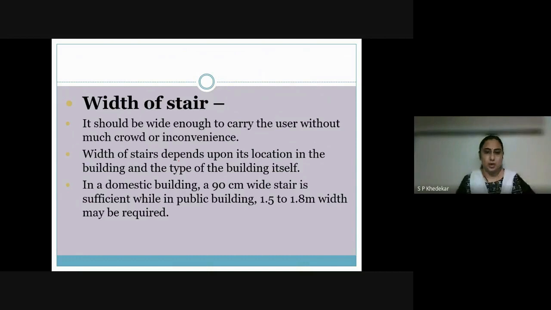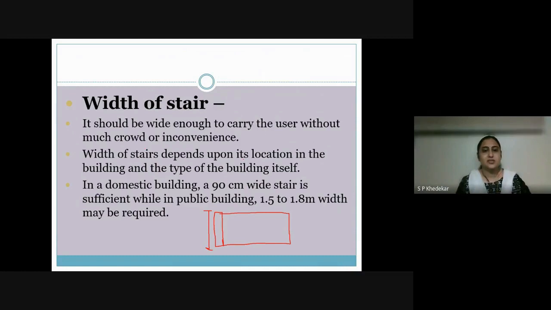Then comes the width of the stair. Whenever we construct a staircase, the width should be given properly. Width means, suppose this is my staircase and this is one step, then this is called the width of the stairs. It should be wide enough to carry the users without much crowd or inconvenience.